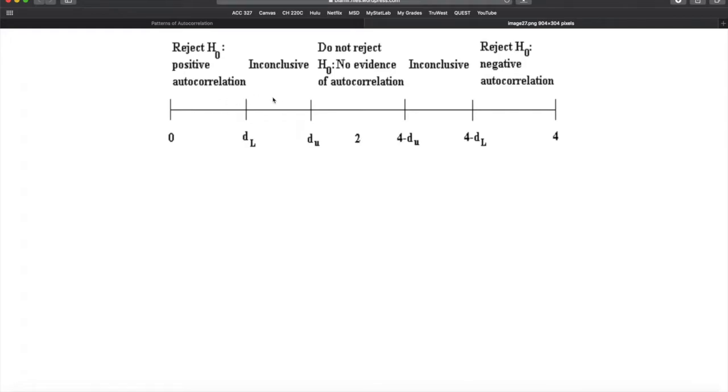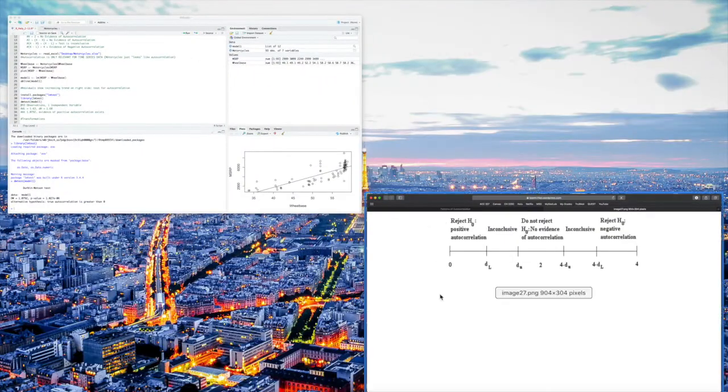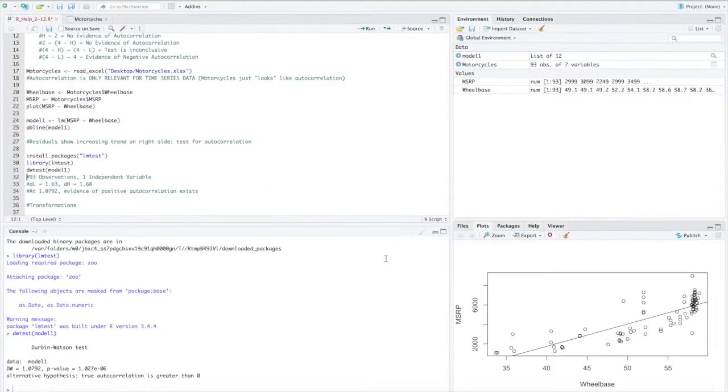So in summary, that's just a little overview of autocorrelation and the tests that we would run in R in order to examine our data and see if autocorrelation is present. And I just want to remind you guys that we're only going to use the Durbin-Watson test when we have time series data, because autocorrelation is only going to be relevant with time series data.